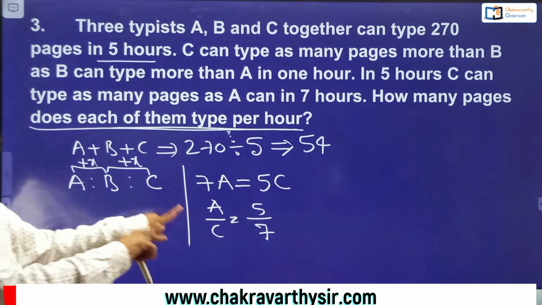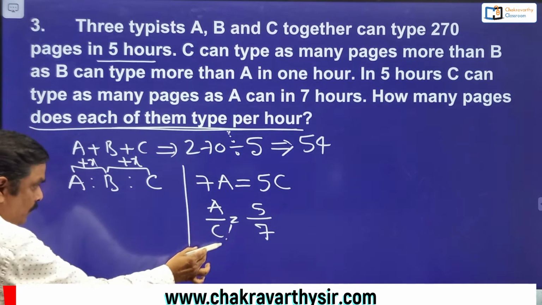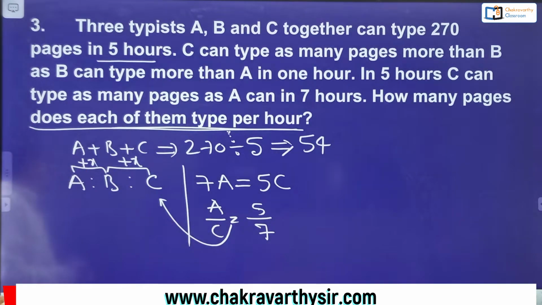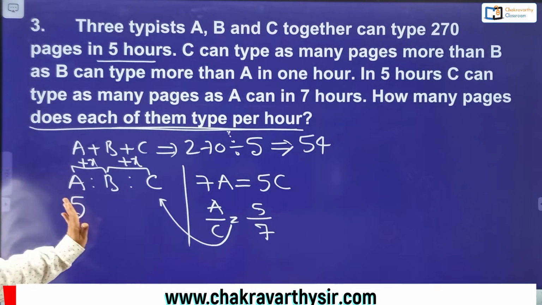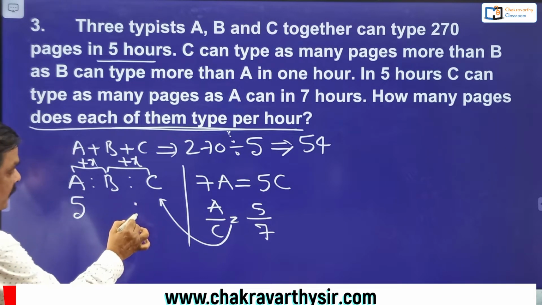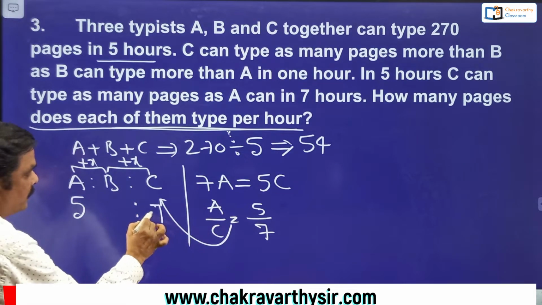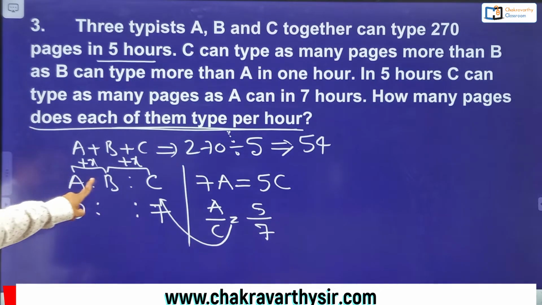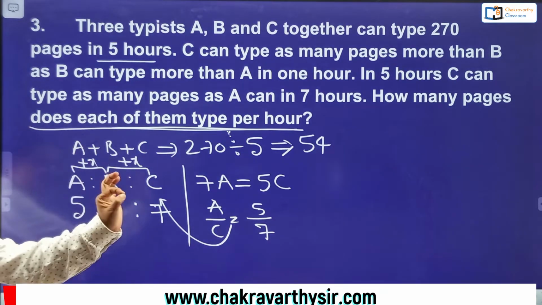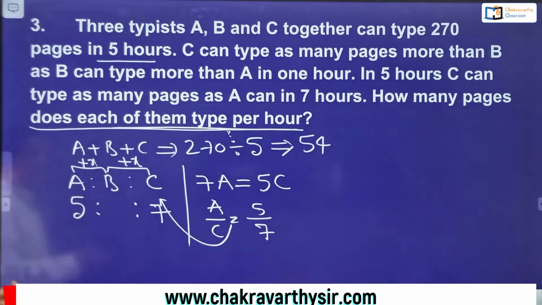Okay, as far as efficiency is concerned, now I am going to substitute the values here. If A has done 5 parts of work, obviously C must do 7 parts of work, isn't it? Now clearly with the previous clue I can say the difference between A and B must be equal to the difference between C and B. Now obviously students, what could be?